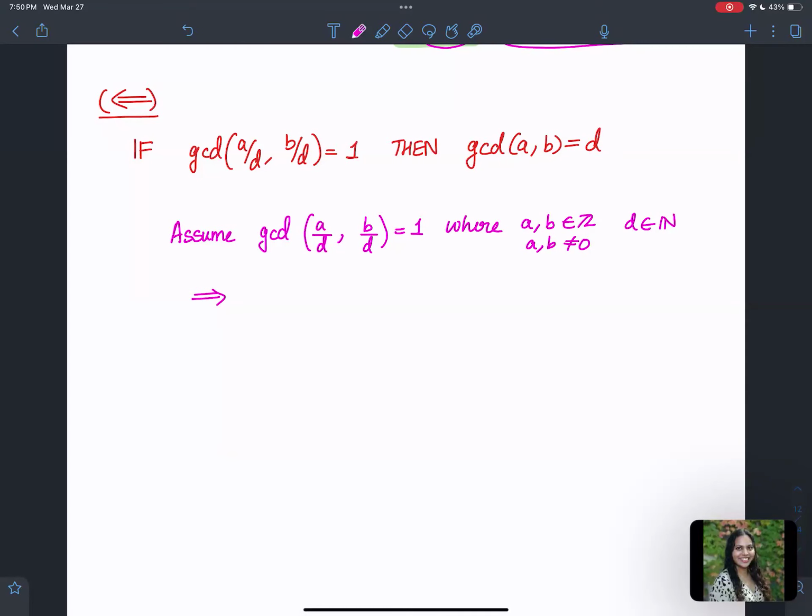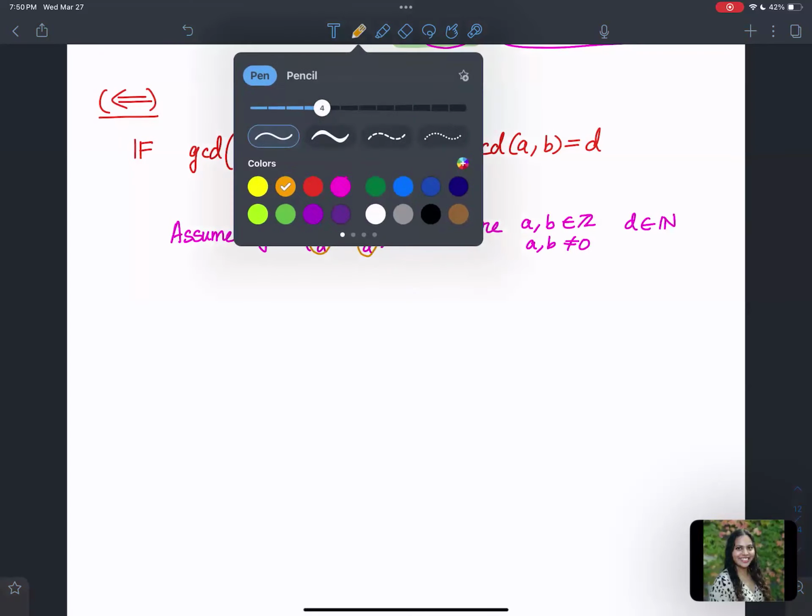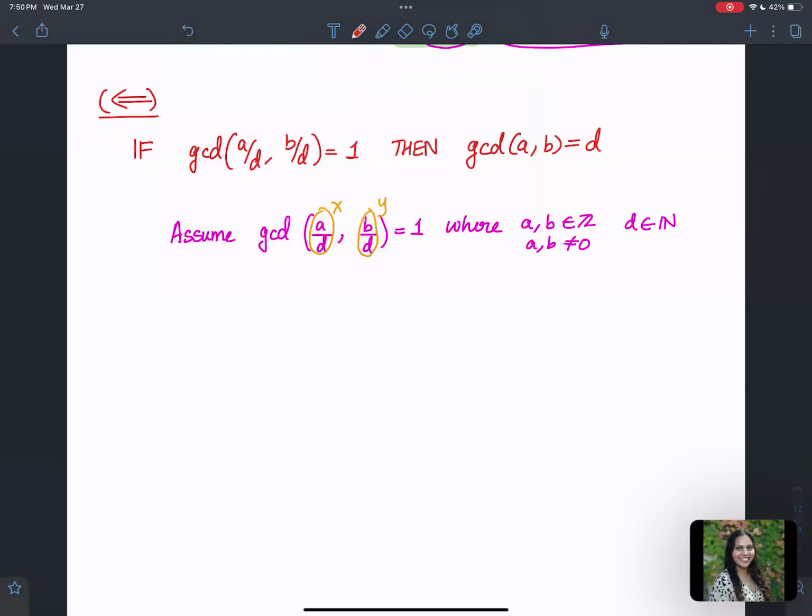This means, something I'm going to do just for simplification is I'm going to rewrite, call this X and call this Y, just to make our life easier so we can find what A and B is. You don't have to do that. I'm just going to do that. So let A by D be X, B by D be Y. This means A equals DX and B equals DY.